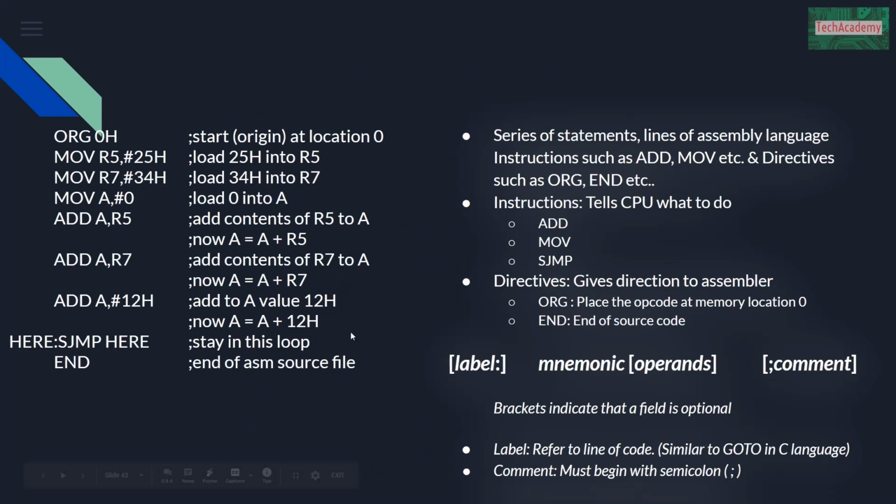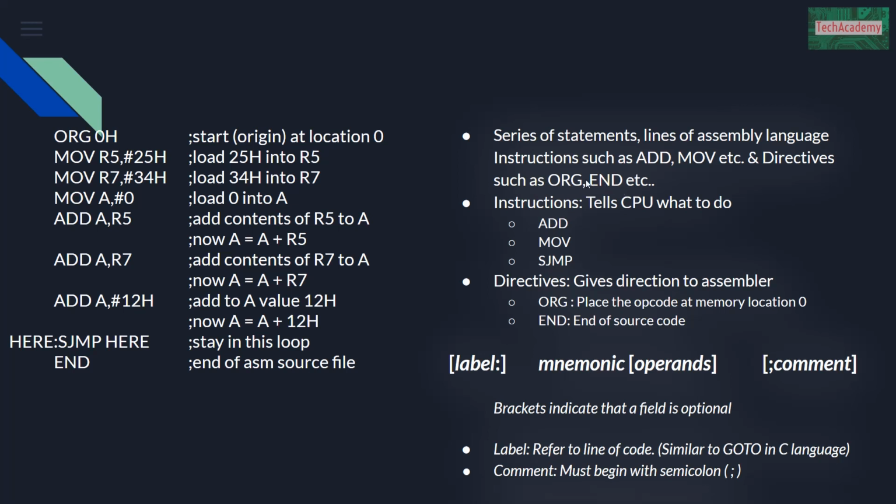So the same example I have written over here, and as I mentioned previously, add and move are nothing but the instructions or mnemonics which we are using in assembly language, and there are some directives such as originate or org, and end.